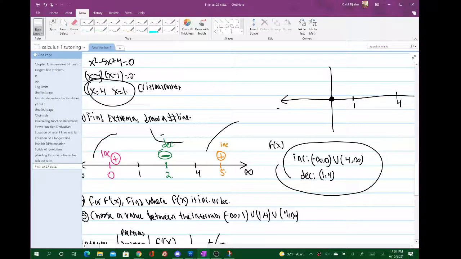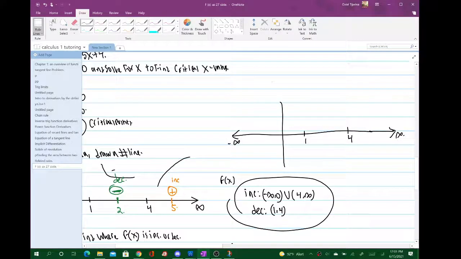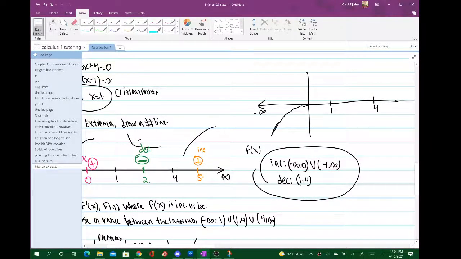Basically we said it's increasing from negative infinity to 0. So you see how it's increasing.